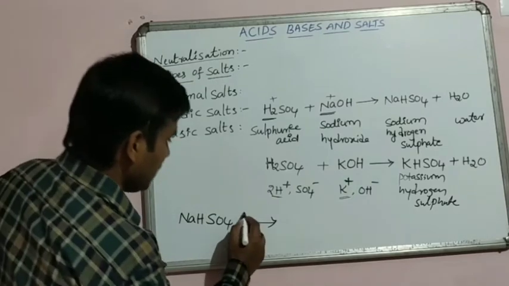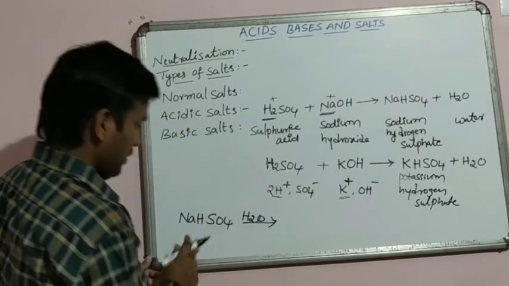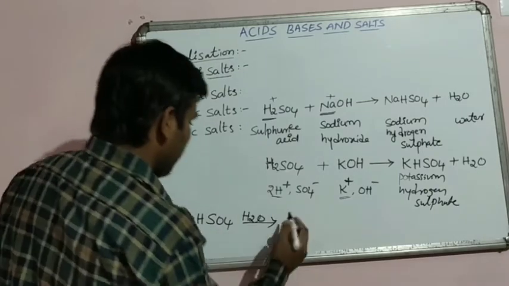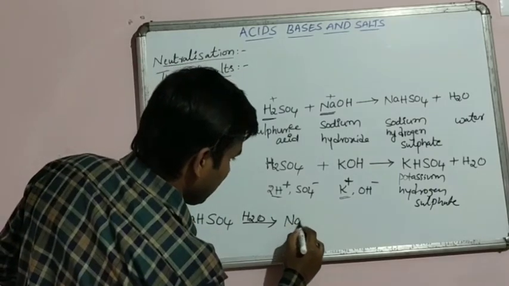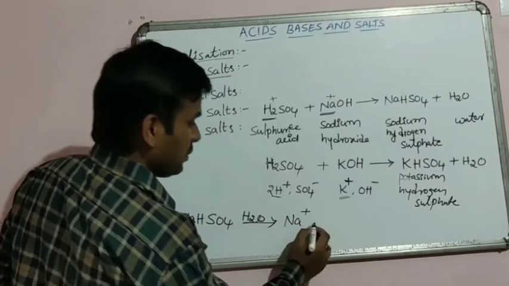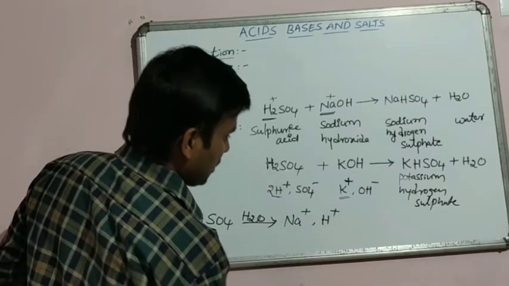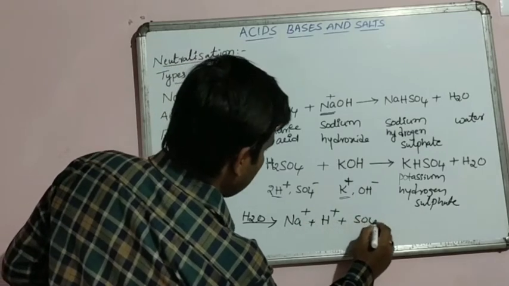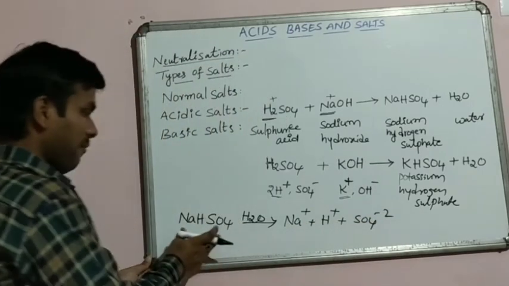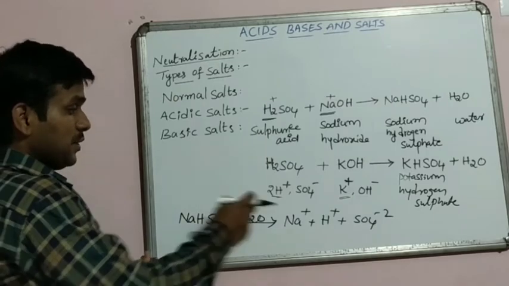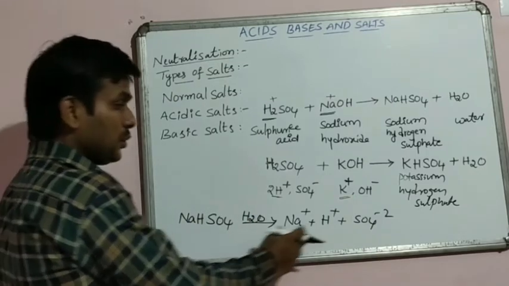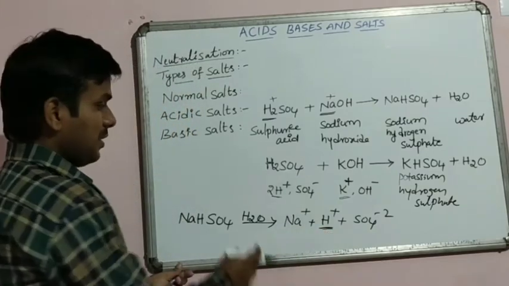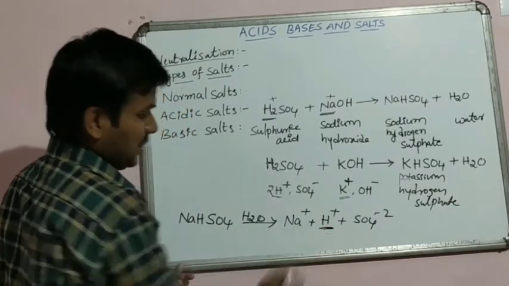When sodium hydrogen sulfate dissolves in water, it produces sodium ion, hydrogen ion and sulfate ion. When a substance dissolves in water to furnish hydrogen ions, H plus ions, the substance has an acidic nature.